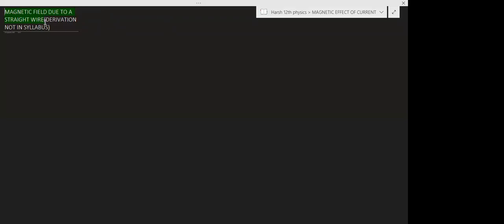But the derivation part is not in your syllabus. We will do this derivation with the help of Ampere circuit law. So B is equal to mu 0 I by 2 pi r, that equation, right? You can write down the heading.